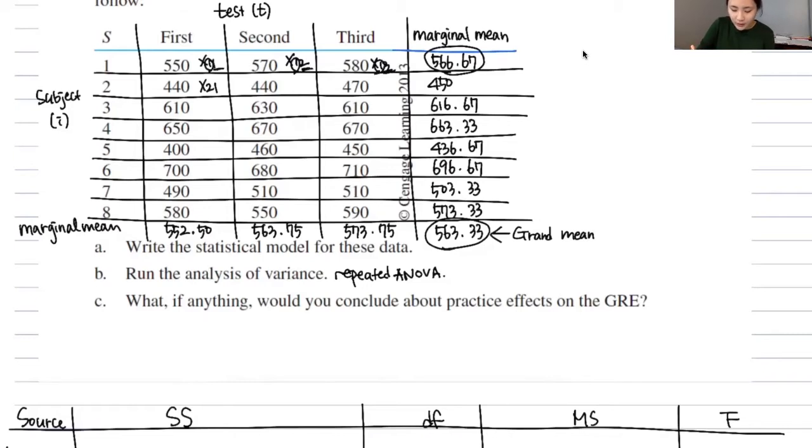We can rewrite this as X1 dot bar. Second row, 440 can be written as X21, and this is X23. The 2 does not change. However, the column number, which is 1, 2, 3, changes. We can rewrite this as X2 dot bar. Let's see 552.50, which is the first test mean.